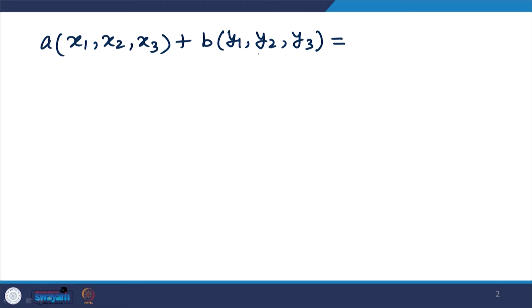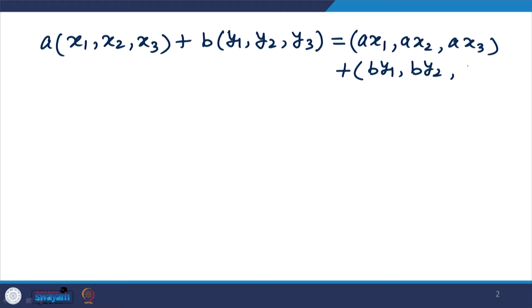We have to show that it is also a vector of S. So, it will become (ax1, ax2, ax3) plus (by1, by2, by3).